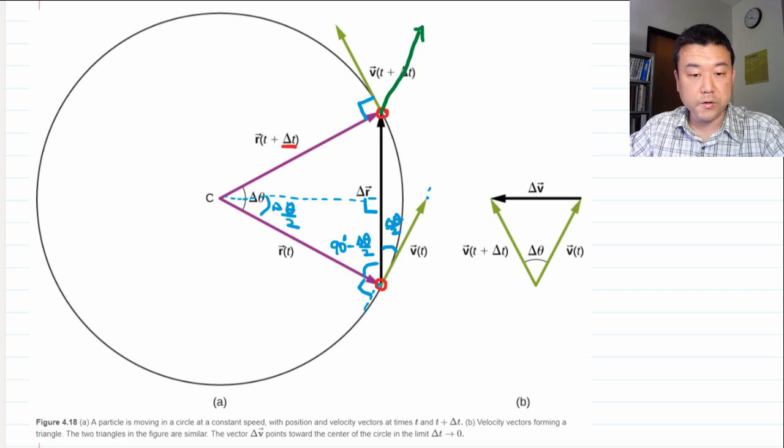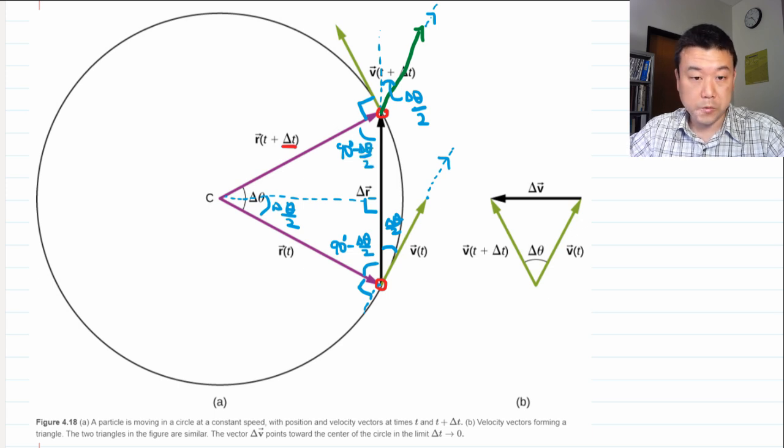And these two arrows that I've drawn are parallel to each other. That's what you get when you translate a vector so that you draw the same vector elsewhere. That means this angle here is also delta theta over 2, and the angle here is 90 degrees minus delta theta over 2 for the same reason as below.